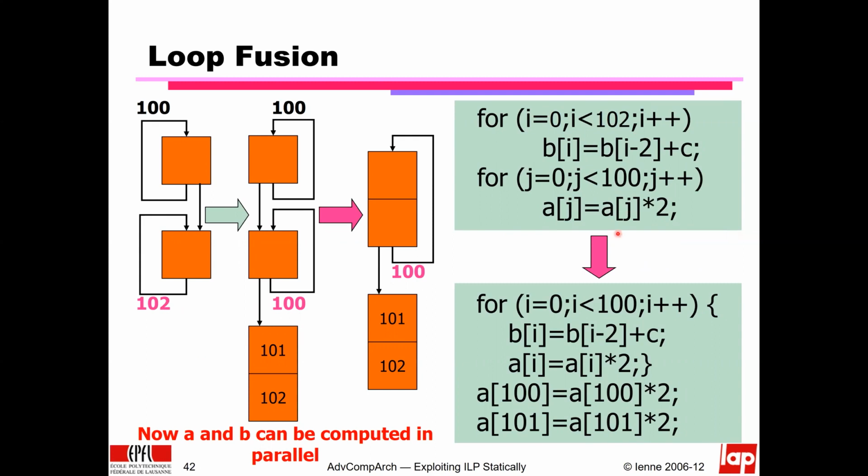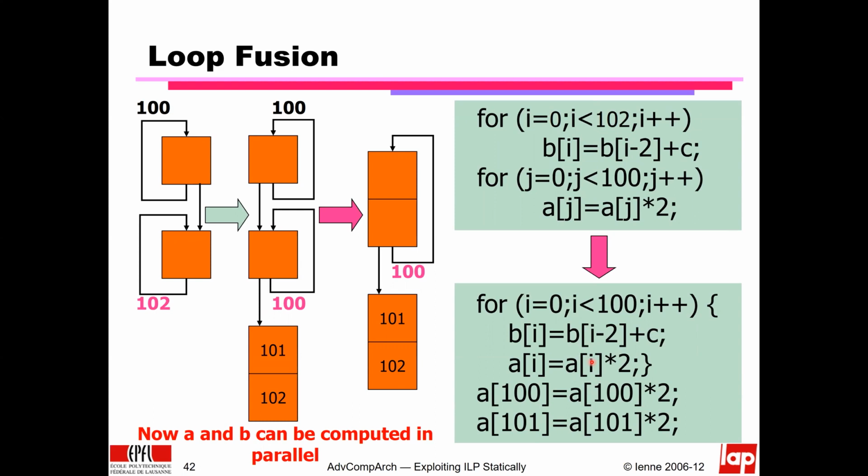And the beauty of this is that by peeling off two iterations of one of the loops, it becomes a little bit less efficient, because now you have to write explicitly these two iterations. So in a sense, they are a bit inelegant. But what is very nice is that by fusing the two loops that now are compatible, what you have inside are two parts that are completely independent.